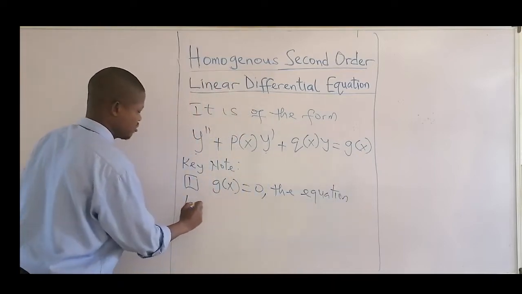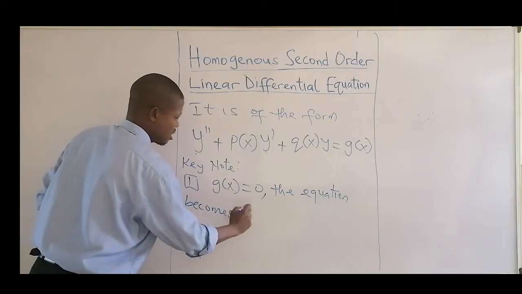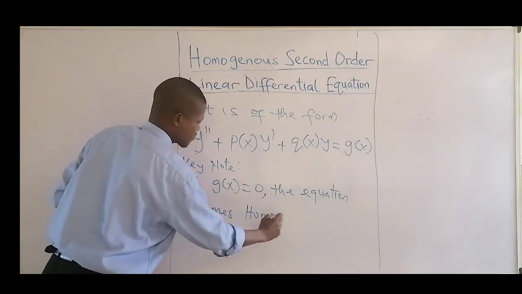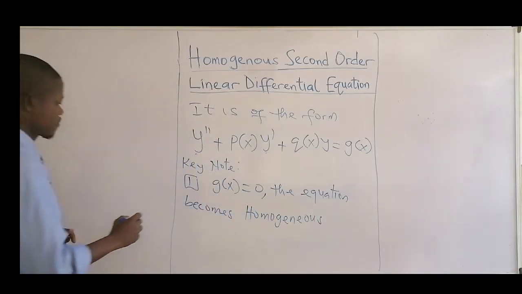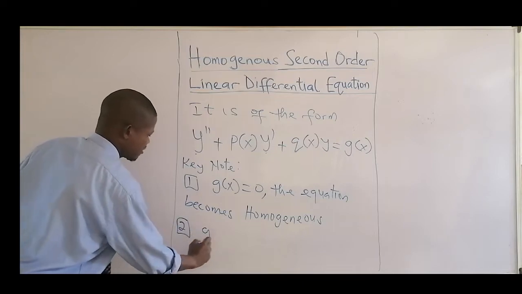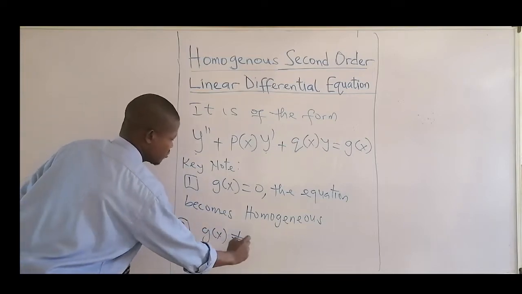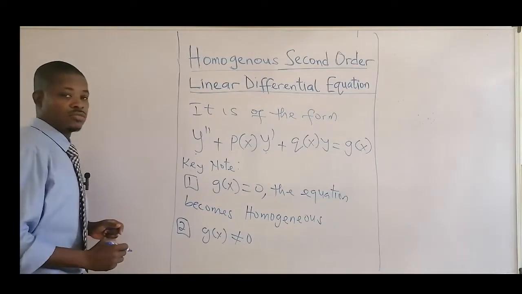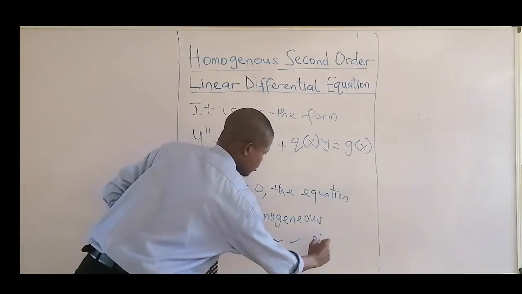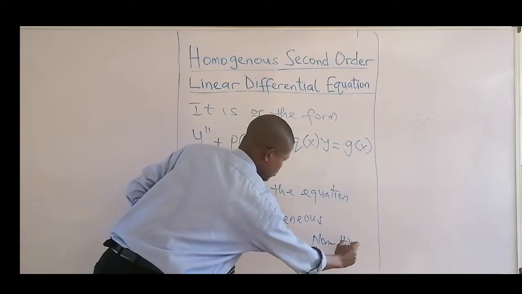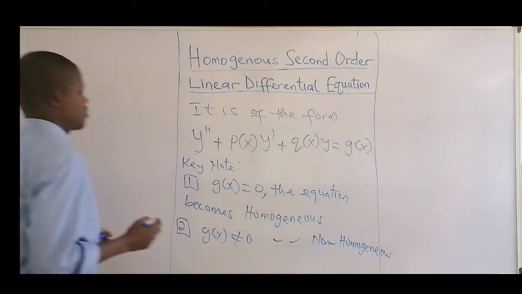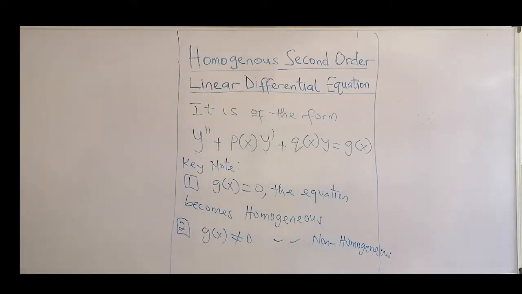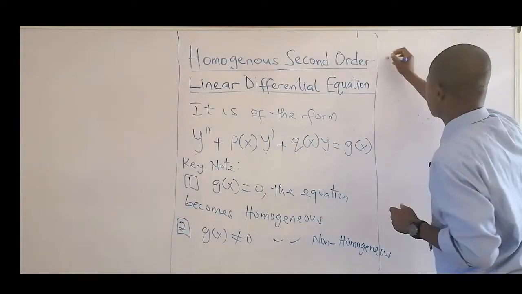Two, if g of x is not equal to 0, then the equation becomes non-homogeneous. So then let's look at the key definition.